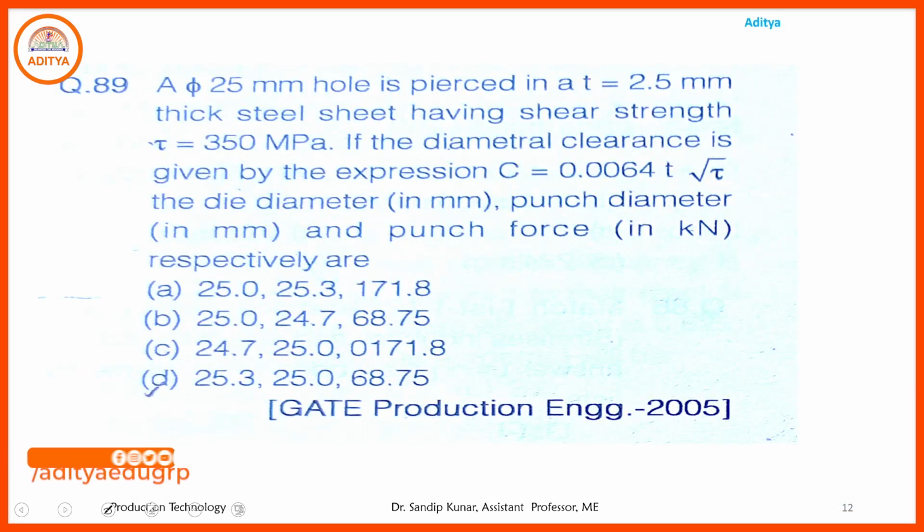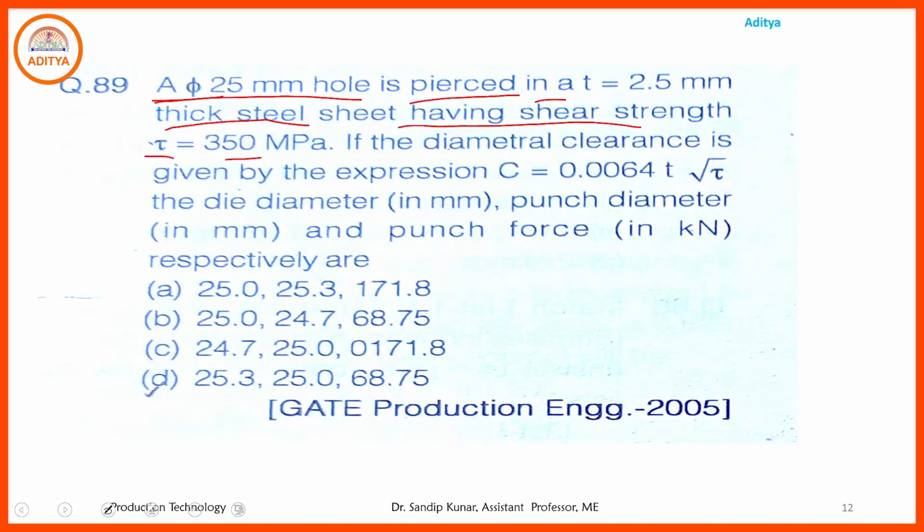Now another problem. A 25 millimeter diameter hole is pierced in a 2.5 millimeter thick steel sheet having shear strength tau of 350 megapascal.